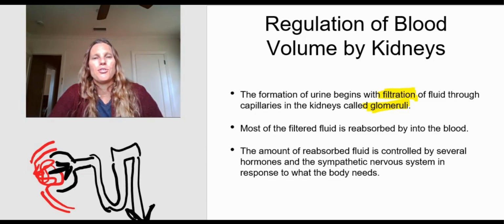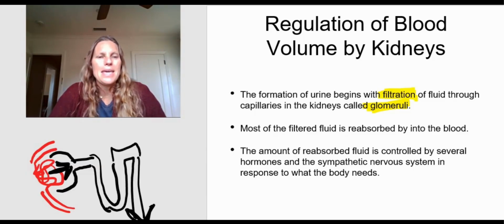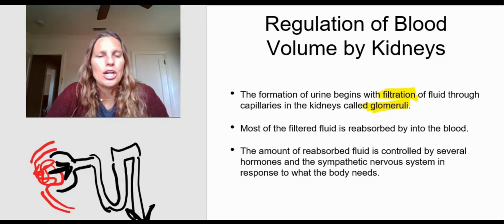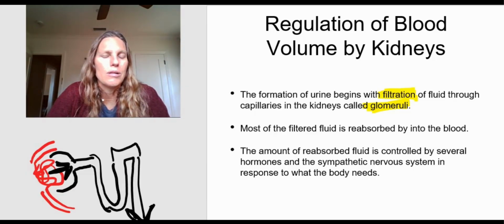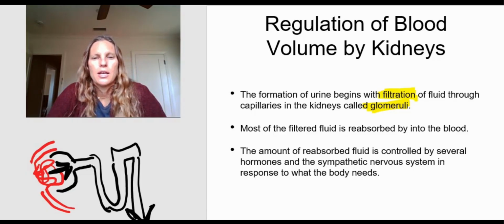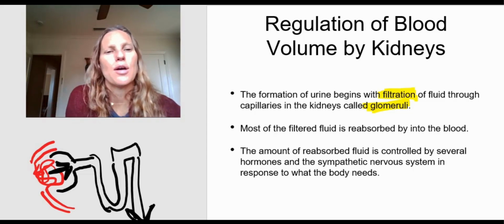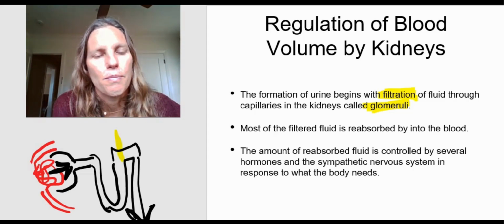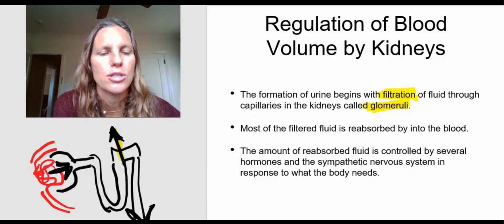So the difference between 180 liters being filtered and the actual excretion of urine, which is about 1.5 liters of fluid a day, means that actually less than 1% of the fluid we filter leaves in the form of urine. So most of that fluid is going to get reabsorbed back into the blood at various locations.